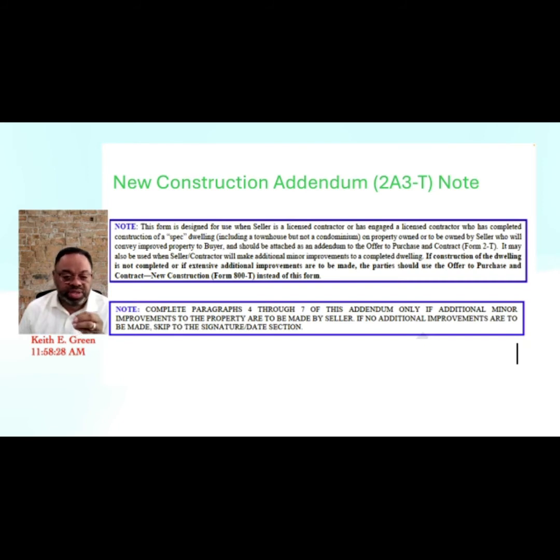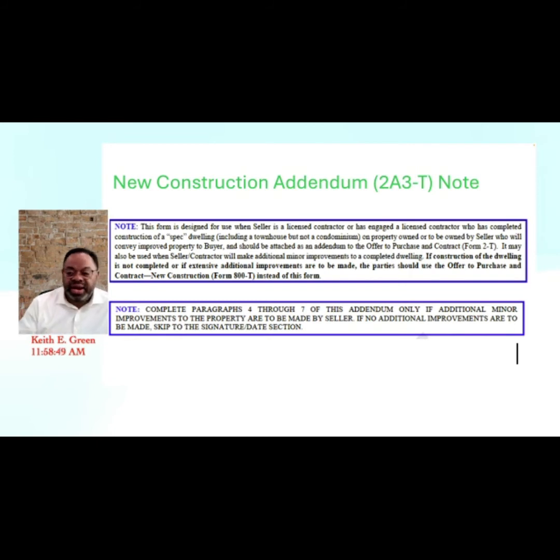They want you to understand that anytime you're dealing with new construction, particularly a spec home or anything like that, most of the work has probably already been done, but if there's any other work that needs to be done, you need to use this addendum. New construction, you need to use this addendum.